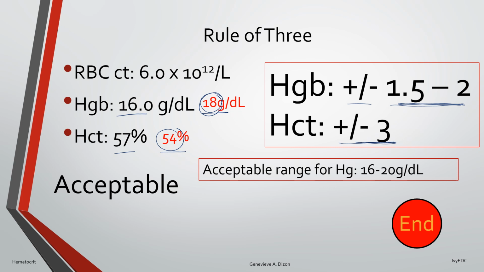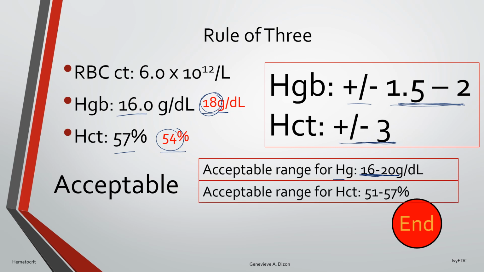Therefore, the acceptable range for hemoglobin is 16 to 20 grams per deciliter, while for hematocrit, the acceptable range is 51 to 57%. Since our result is 16, which is still inside the reference range, the hemoglobin value is acceptable, and the hematocrit of 57% is still within the acceptable range. This makes the hematocrit value acceptable as well.